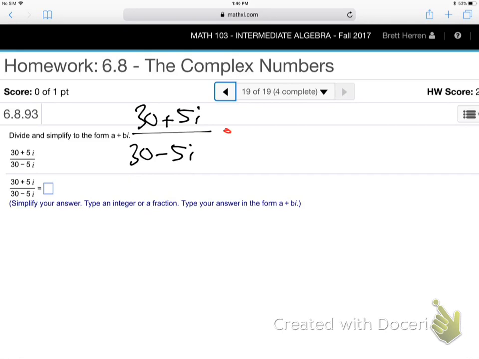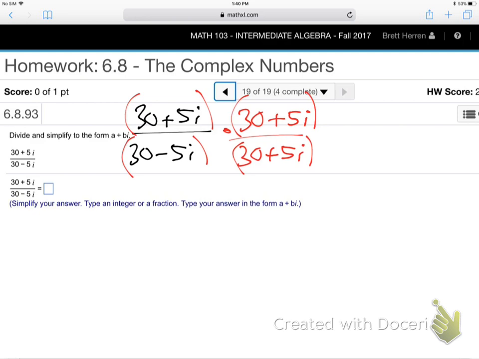So you're multiplying by the opposite sign in the middle, the conjugate. Like that.